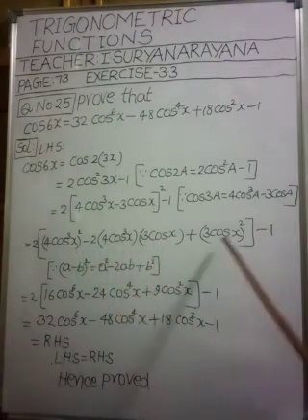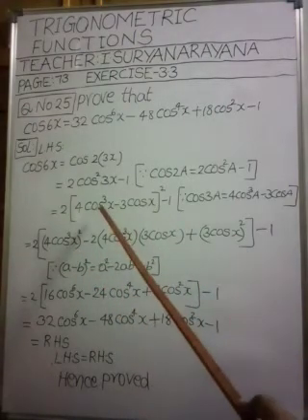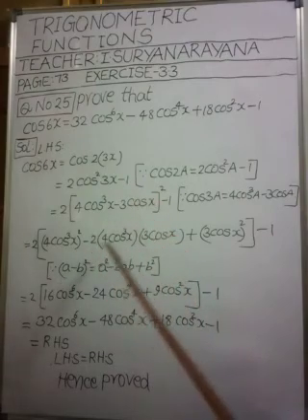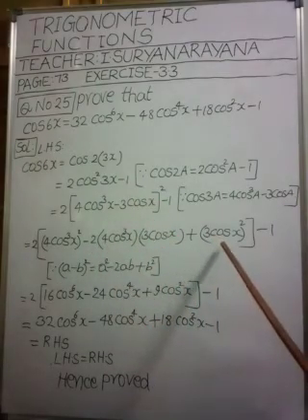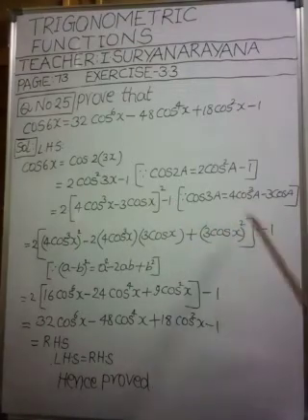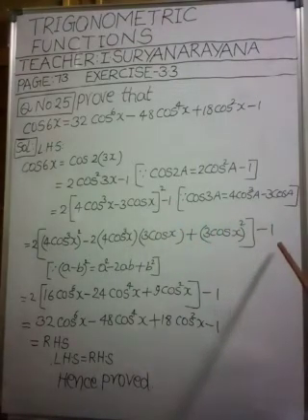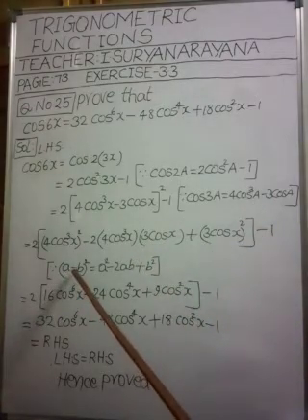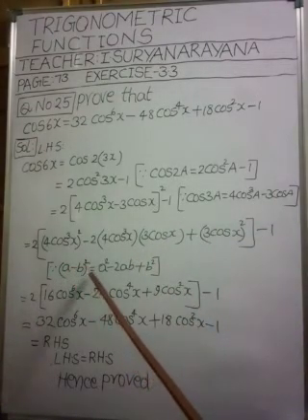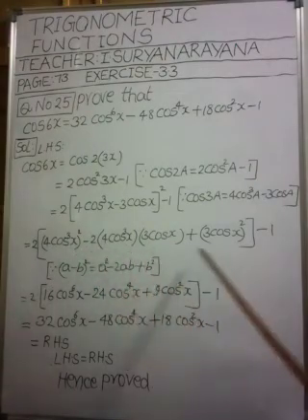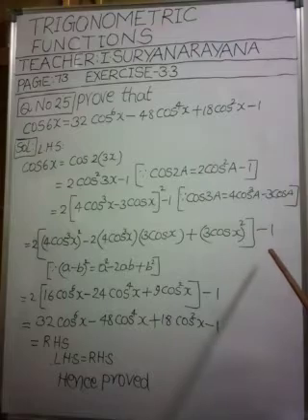Understood this part, my children? We used the a minus b whole square identity and got these 3 terms. Minus 1, we wrote as it is. Because a minus b whole square is equal to a square minus 2ab plus b square, we got this part. Understood this step?